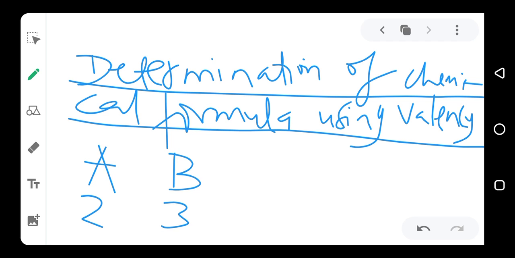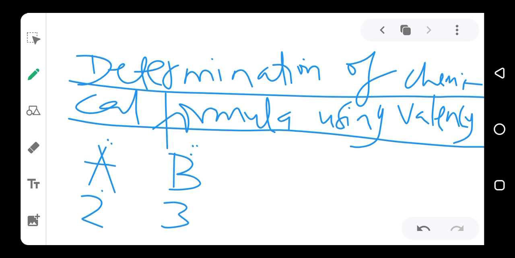What this means is that the number of electrons in the last shell of atom A is 2, and the number of electrons in the last shell of atom B is 3. This does not tell us the total number of electrons that A contains and the total number that B contains. It's just telling us the number of electrons in the outermost shell, which is the valency.